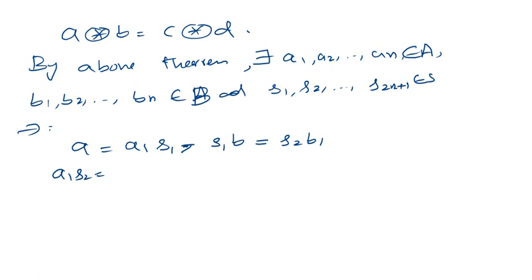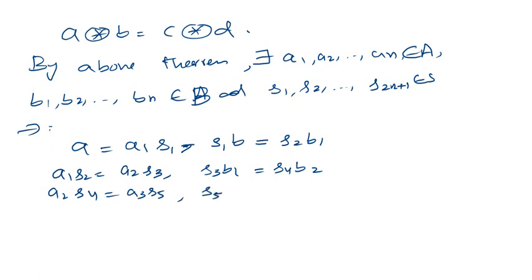Okay. So then A1 S2 is equal to A2 S3. Then we have S3 B1 equal to S4 B2. I will write one more equation here. So this is A2 S4, equal to A3 S5. Then S5 B2 is equal to S6 B3.